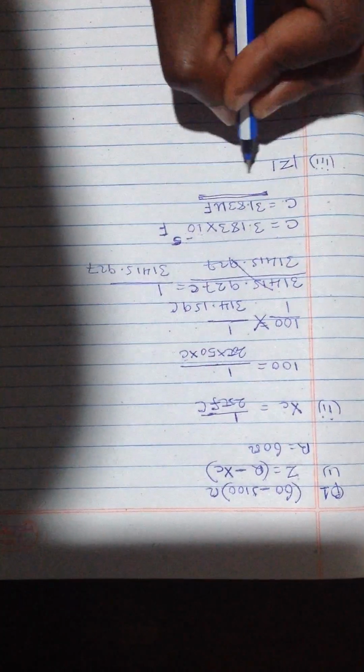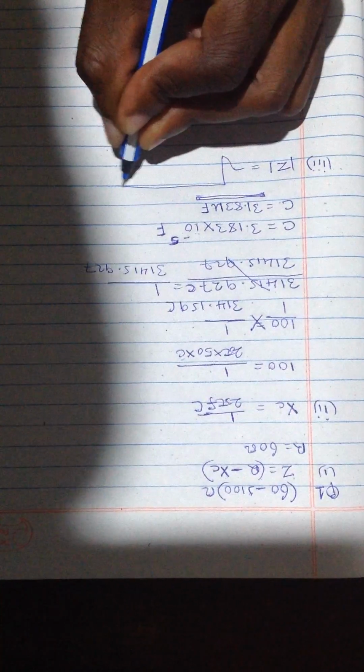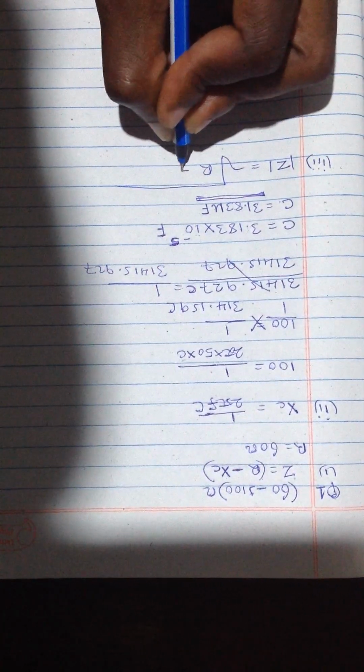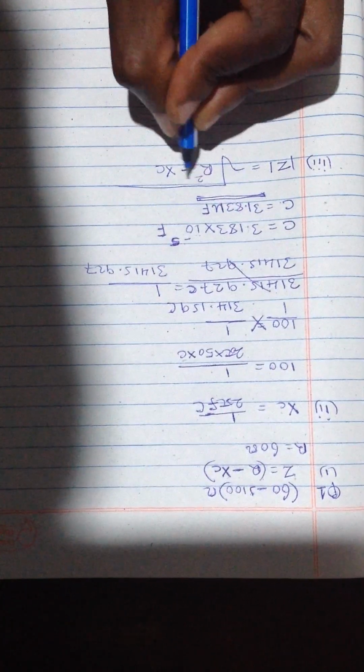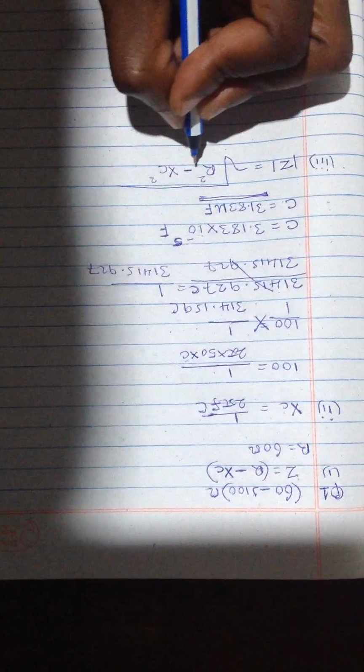Now we get the formula of an impedance, which equals the square root of R squared plus, in brackets, negative XC, squared. So this is how we do it.